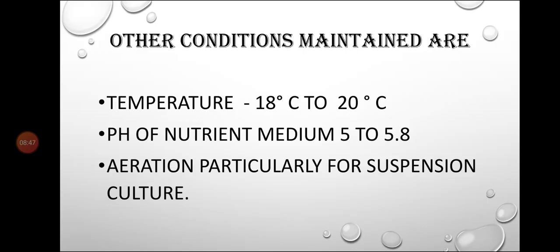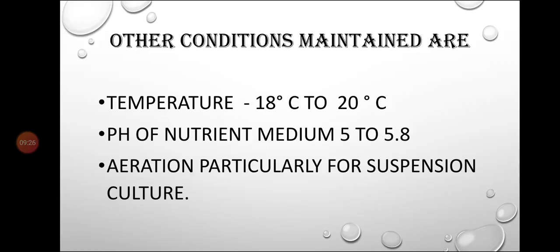Then the pH of the nutrient medium has to be in the range of 5 to 5.8, and aeration, particularly for suspension culture, has to be maintained properly. So these are the conditions that have to be maintained other than the sterilization and aseptic conditions.